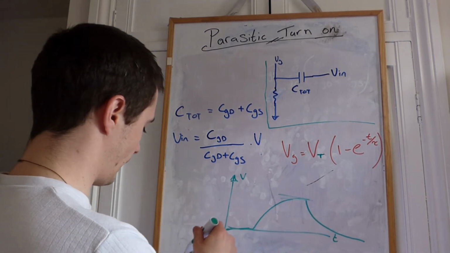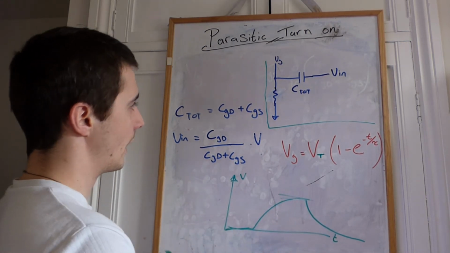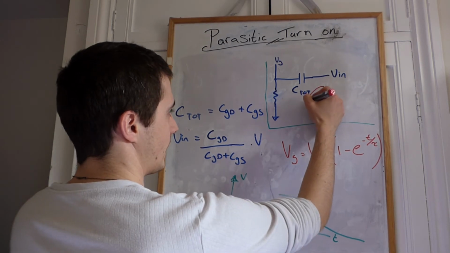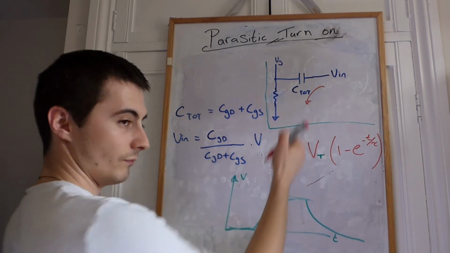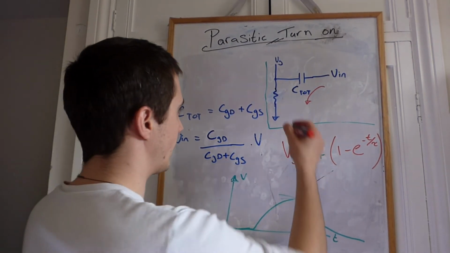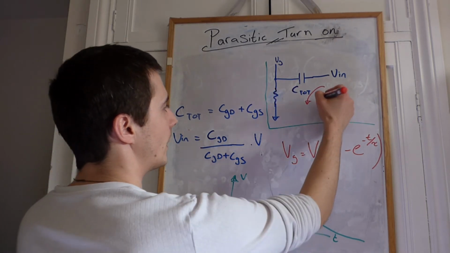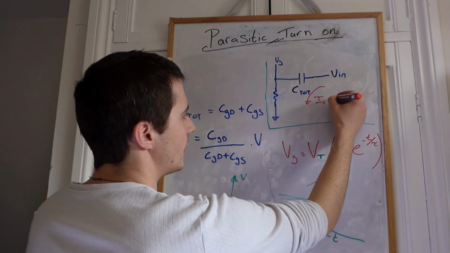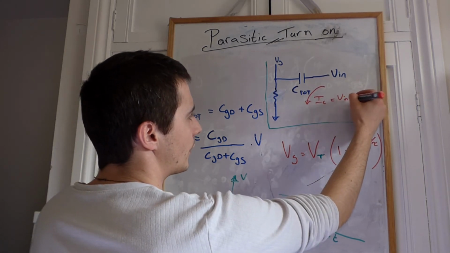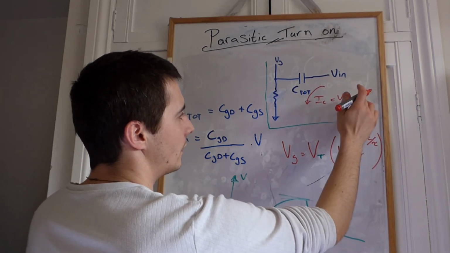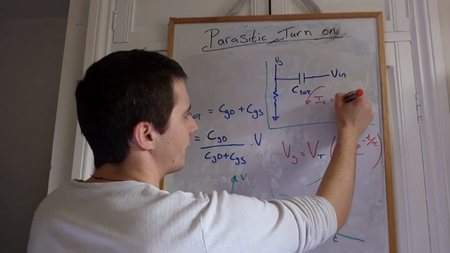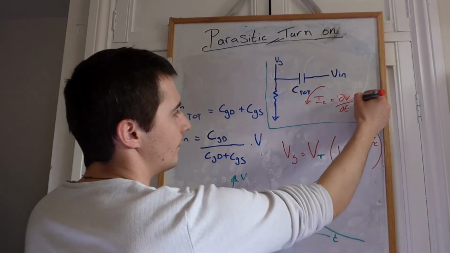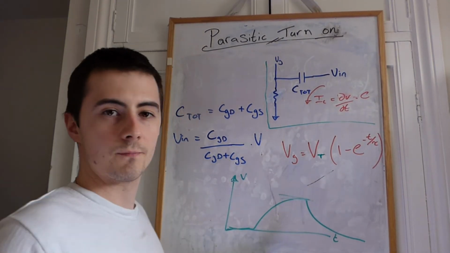So one of the easiest ways of doing this is to essentially calculate the current flowing through this capacitor and dropping its voltage across that resistor. So again, we can calculate the current through a capacitor, which is equal to the input voltage multiplied by how fast that voltage changes, multiplied by the capacitance.